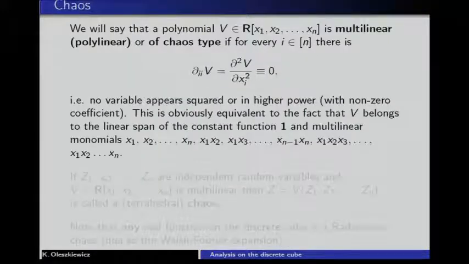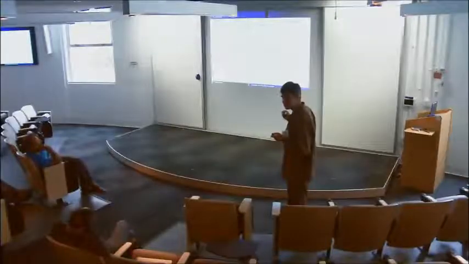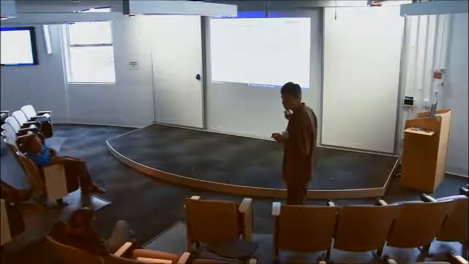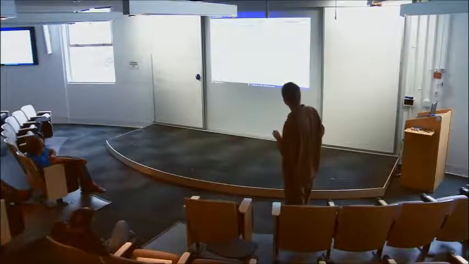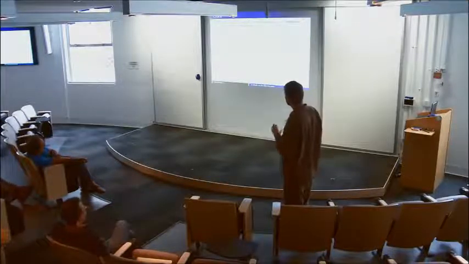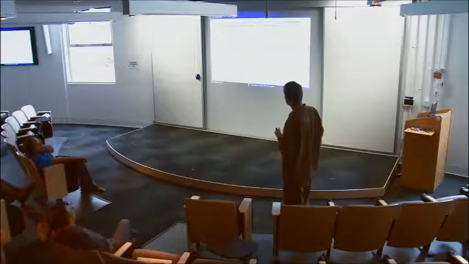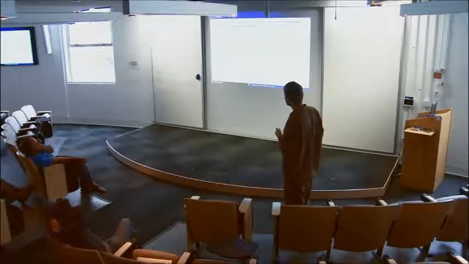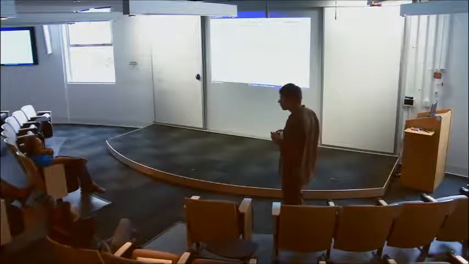Okay, so I still have 5 minutes, so maybe it's a good time to state the result, and I will start tomorrow by proving this result. So, what is the chaos? When you have some variables x1 up to xn, you can consider a polynomial in these variables with real coefficients, and you will say that this is of chaos type.